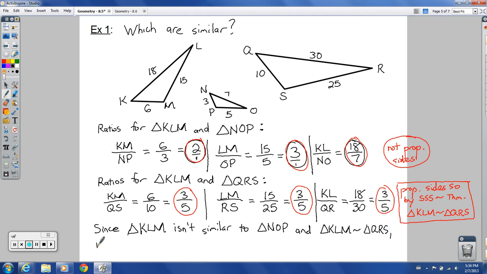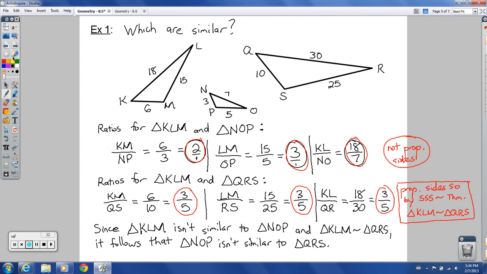It follows that triangle NOP isn't similar to triangle QRS. So the only pair that worked was this pair right here. KLM was similar to QRS. Notice not congruent, but we have the symbol for similar instead.